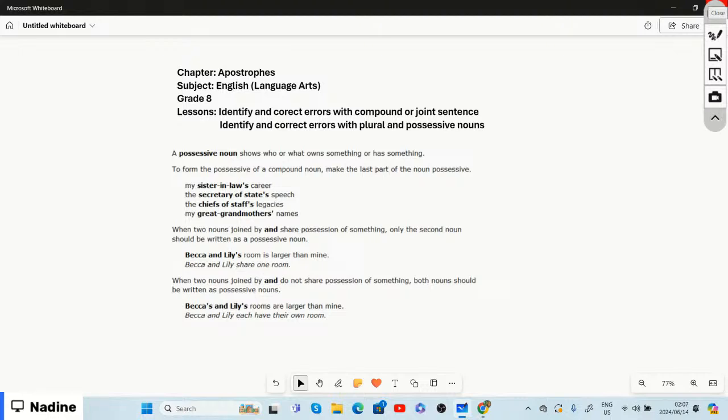And in order for us to form the possessive of a compound noun, we need to make the last part of the noun possessive.